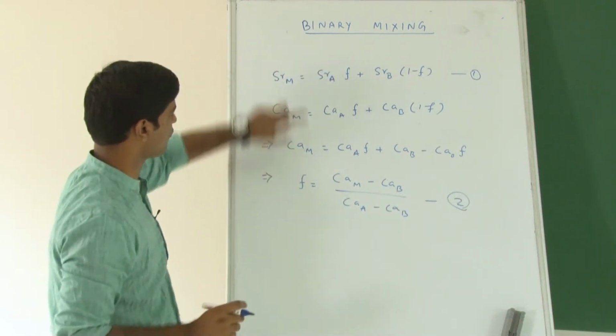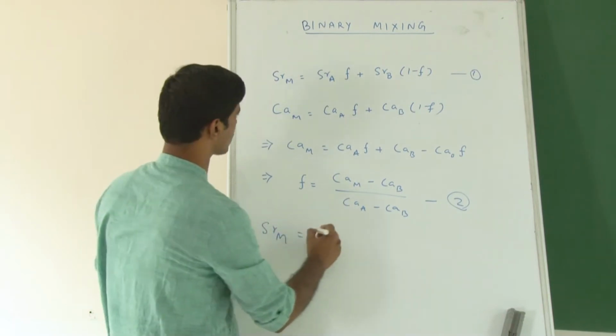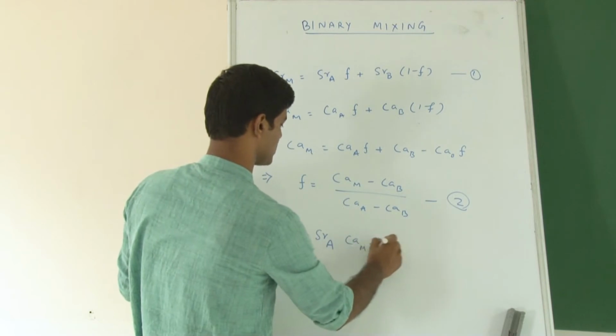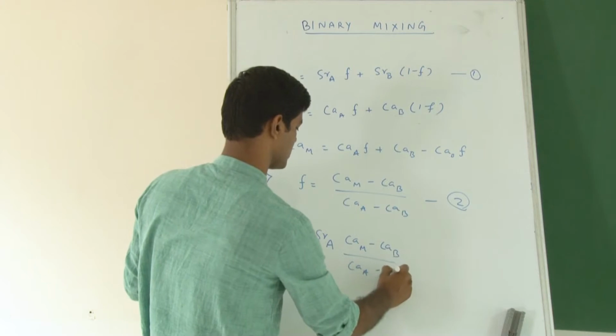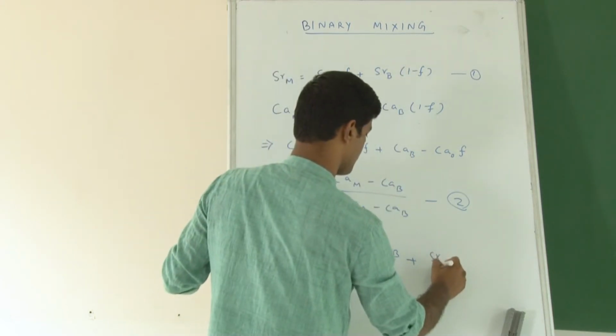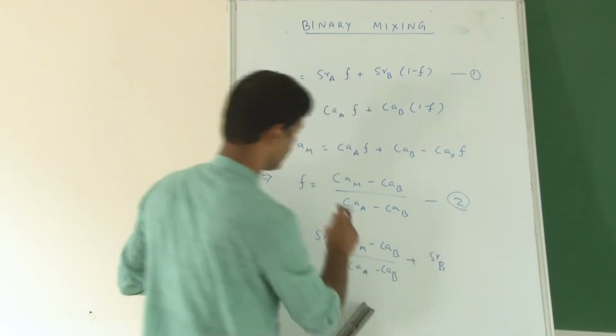Now, use this F expression in 1, strontium M will be strontium A into calcium M minus calcium B divided by calcium A minus calcium B, plus strontium B into 1 minus F.